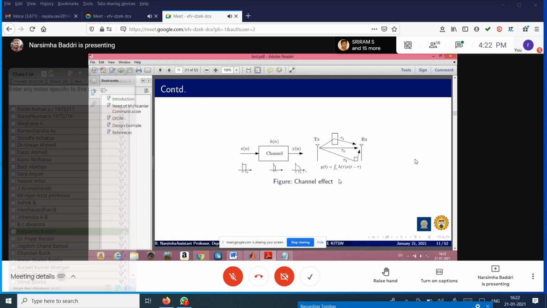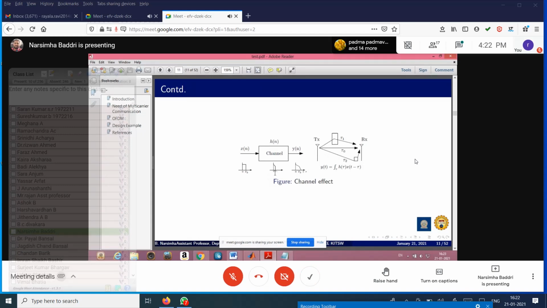Okay, so forget about the attenuations and all these factors. Just look into the spreading nature of the transmitted signal. That completely depends upon the multipath propagation model we have seen in the previous presentation: in how many multipaths the signal is being received.